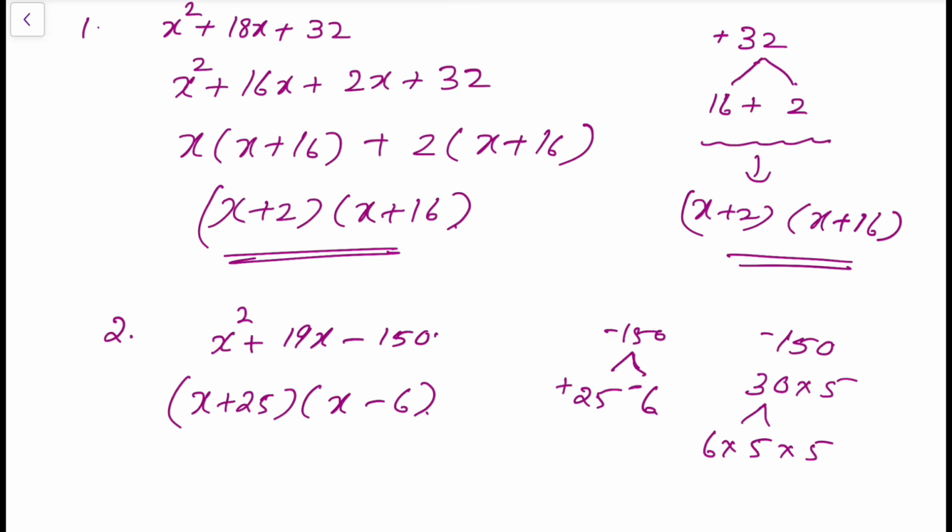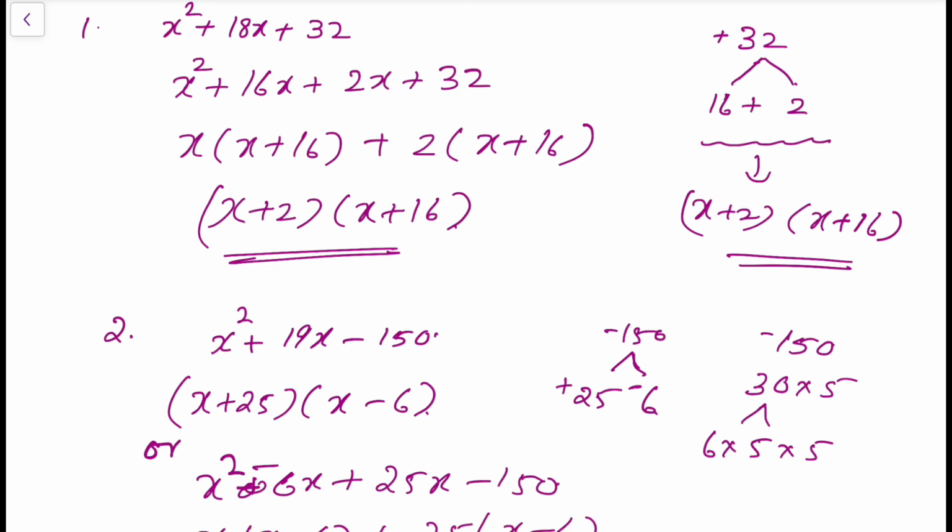If you find it difficult, you can go for the full steps, that is x squared minus 6x plus 25x minus 150. x into x minus 6 plus 25 into x minus 6.